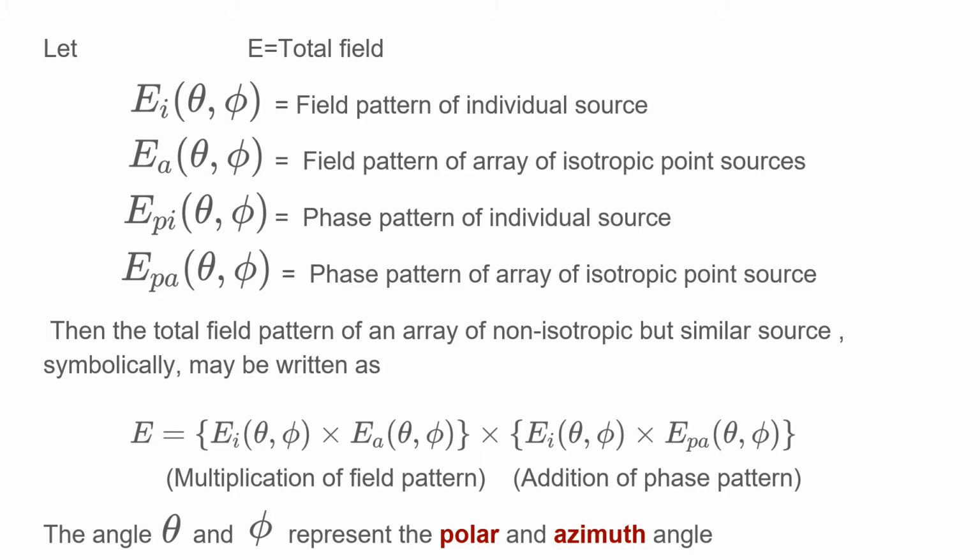So basically, the multiplication pattern is used for easily calculating the total field pattern just by viewing the number of sources available in an array. The field patterns have to be multiplied and the phase patterns have to be added.